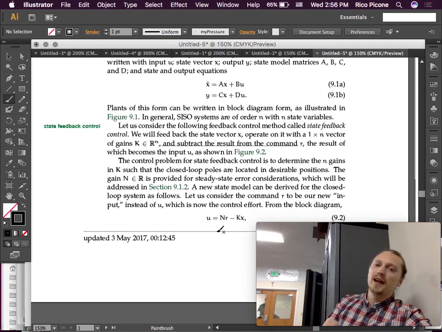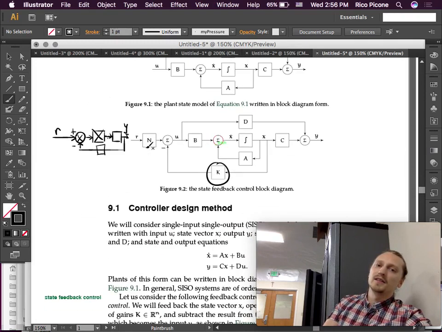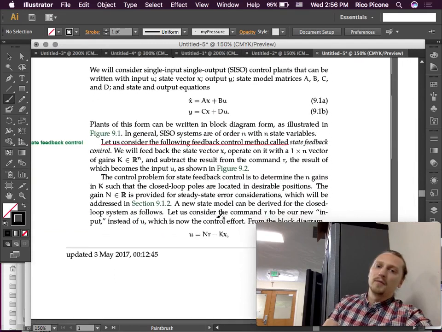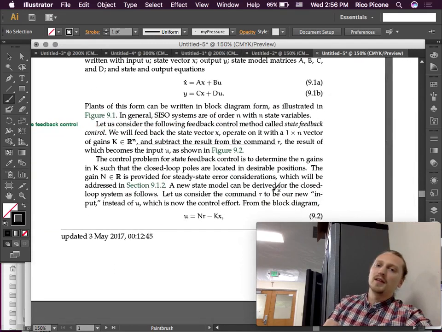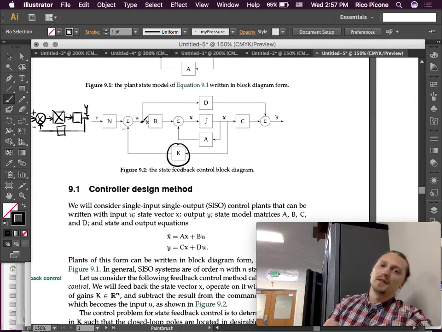From the block diagram, we stuck n in here as this gain on the command. So let's consider the command R to be our new input. From the block diagram, U is equal to nr minus kx. That's just found by reading off from this diagram.